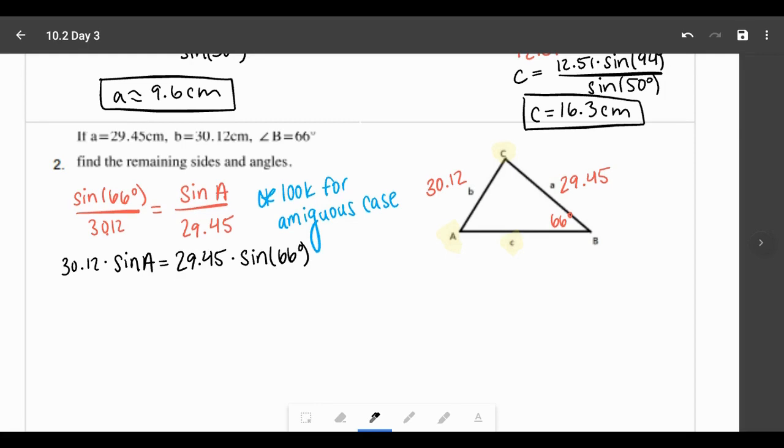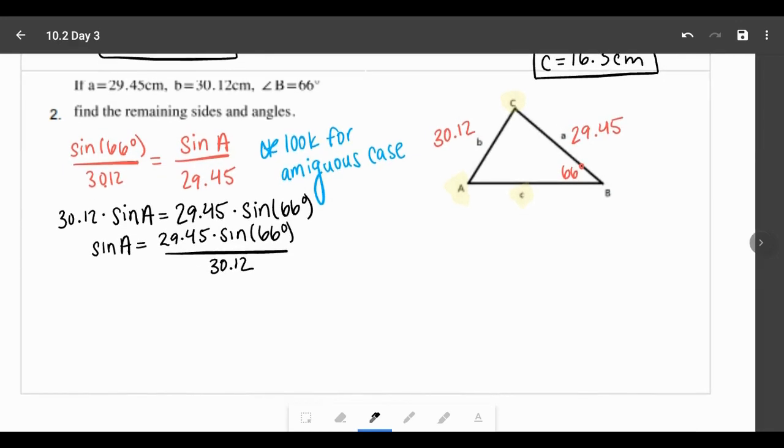And so I get that sine of A is this algebraically. And when I plug that into my calculator, I say that sine of A is approximately 0.893. Now, that doesn't make sense to be an angle, but remember that's because we're not done yet. I do need to still go through and take the arc sine of this.